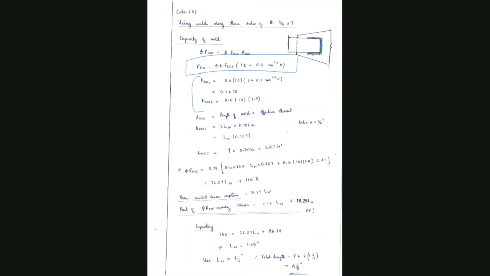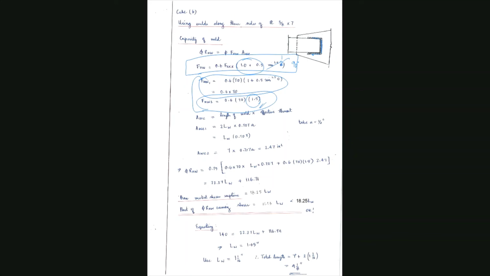So FNW1 you get as 0.6 times 60, and FNW2 is 0.6 times 70 times 1.5, because we substituted the value of theta as 90. So this becomes 1, so you get 1.5. That's how 1.5 came here. Area of the weld is length of the weld times effective throat. Now you see that you have to calculate two areas here.